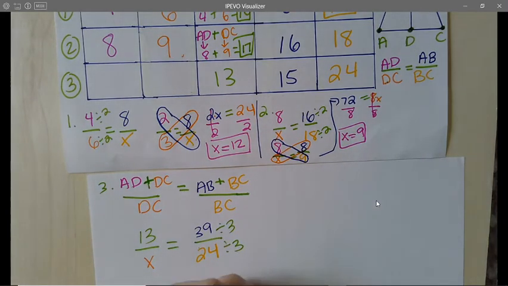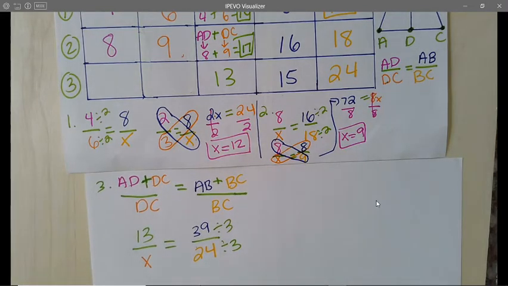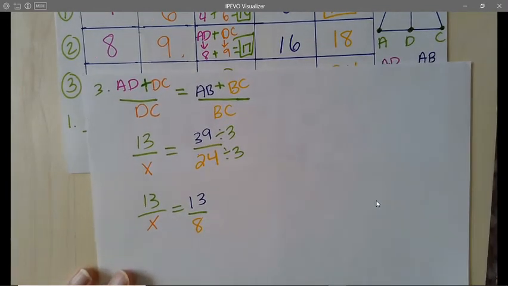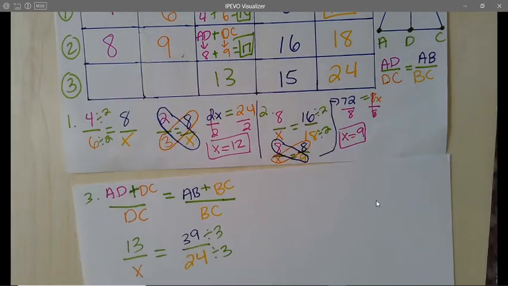So we have 13 over x equals 39 divided by 3. Well, 3 divided by 3 is 1, and 9 divided by 3 is 3, so it would be 13. And 24 divided by 3 gives me 8. And from here, now we just simply cross multiply.